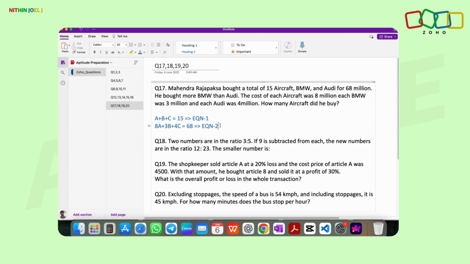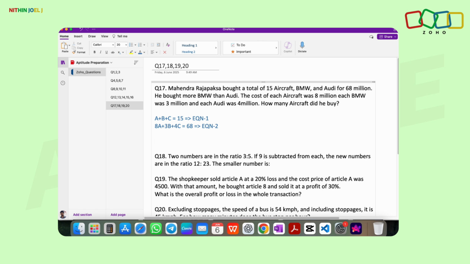What I'm planning to do is take equation 1 and multiply everything with 4, and then subtract it from equation 2. This might reduce three variables into two variables.